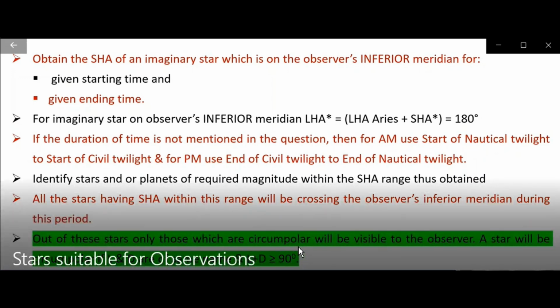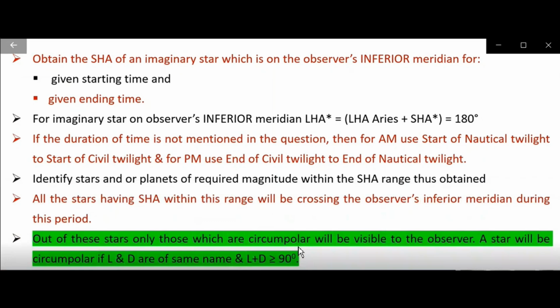We know the condition for circumpolar bodies: L and D of the same name, and latitude plus declination should be greater than or equal to 90. So this is what we will do if we want to check whether a star will be visible or not. So shall we go into the working out of the question now?